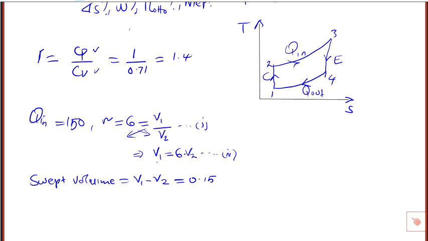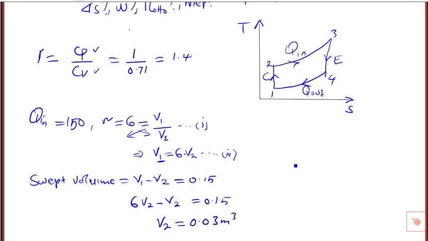I can substitute for V1, so that 6 times V2 minus V2 should give us 0.15. If you simplify that, you'll get V2 to be 0.03 meters cubed. That is the value of V2.